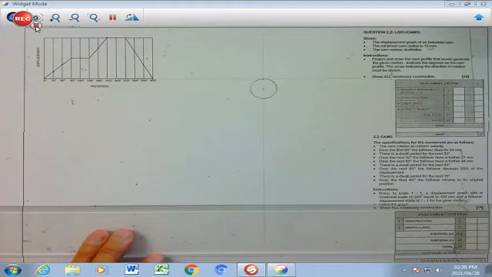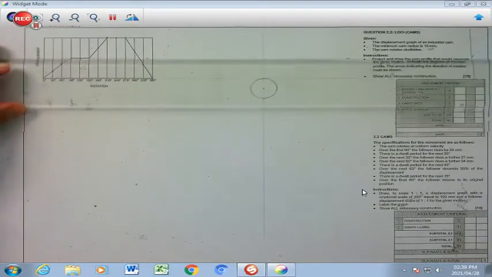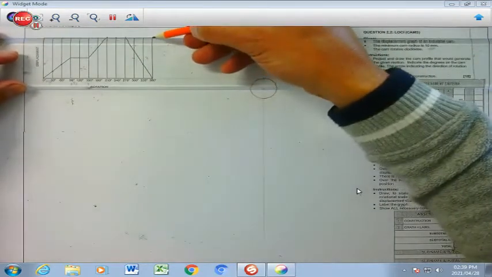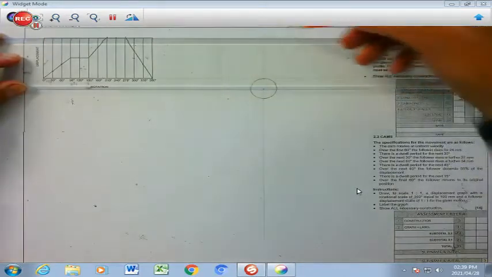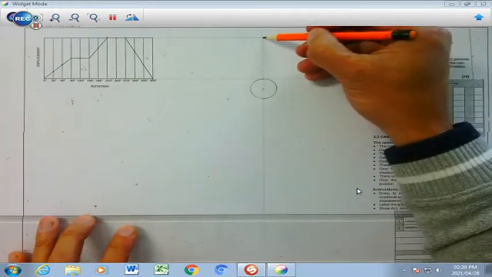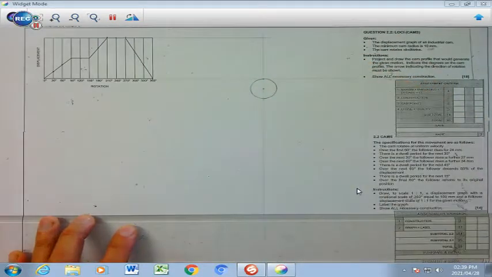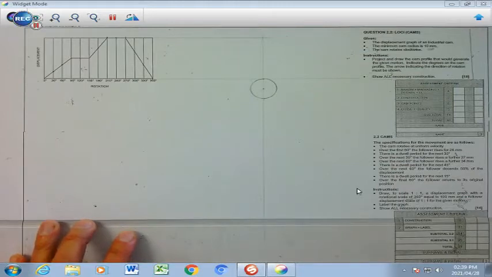Alright, what I'm also going to do is bring across the top of my cam displacement diagram in a similar way that I did with the bottom of my cam displacement diagram to this point over here, and I'm going to draw a circle from this center point to form my maximum radius using my compass again.